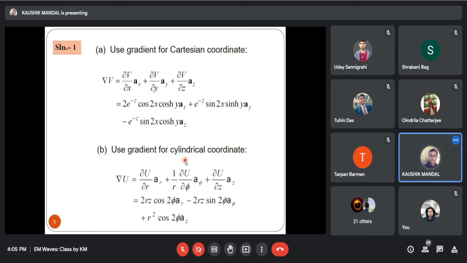The next one is solved with the cylindrical coordinate system, that is del U del rho a rho, 1 by rho del U del phi a phi, and del U del z az. You use the corresponding rho, phi, z. There is no theta. That's why we are applying the cylindrical coordinate system for the second one.